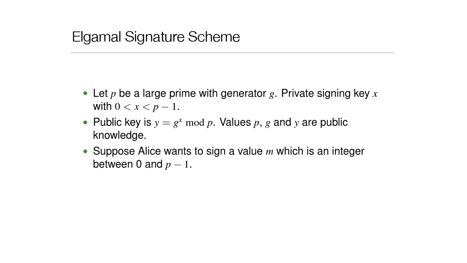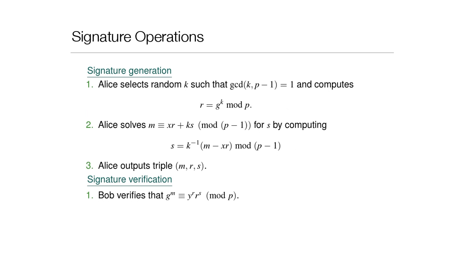Suppose Alice wants to sign a value M, which is an integer between 0 and P minus 1. What Alice has to do is randomly pick a value K such that the GCD, or greatest common divisor, of K and P minus 1 equals 1. That means K and P minus 1 are relatively prime values.